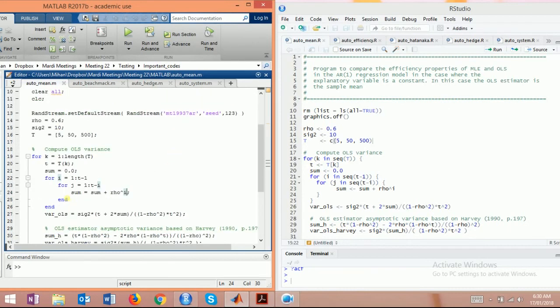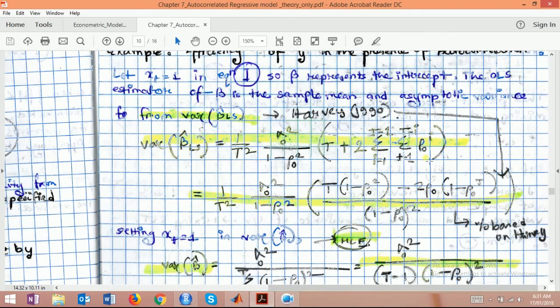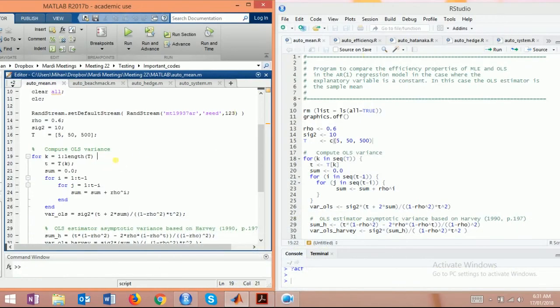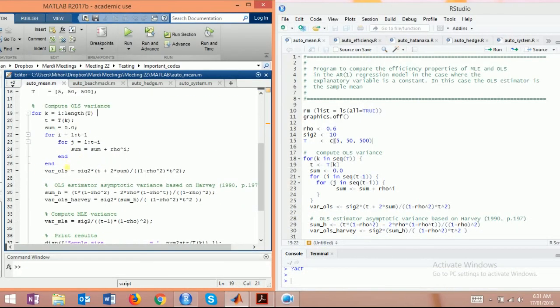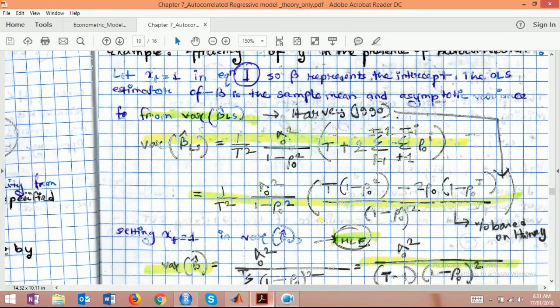Okay, fine, this was the equation: sum is sum plus row i. Sum starts with 0. End.